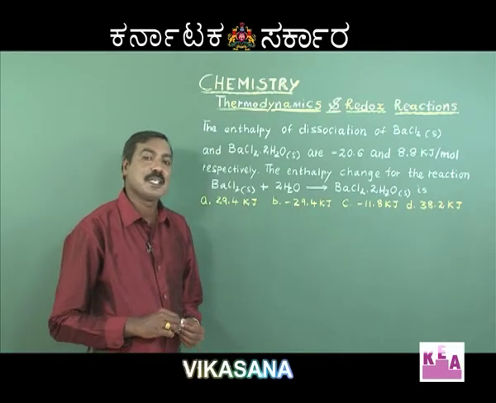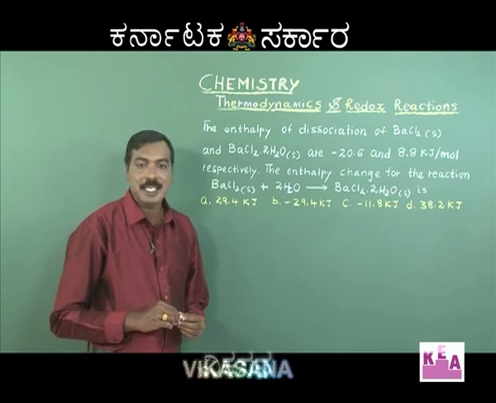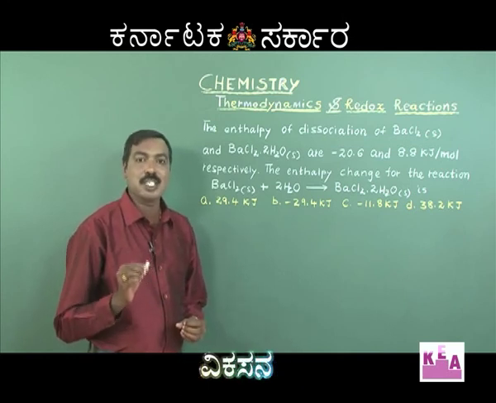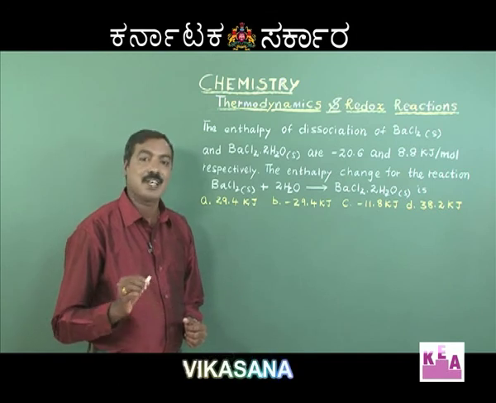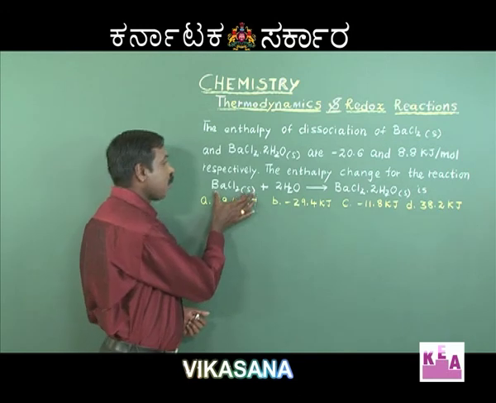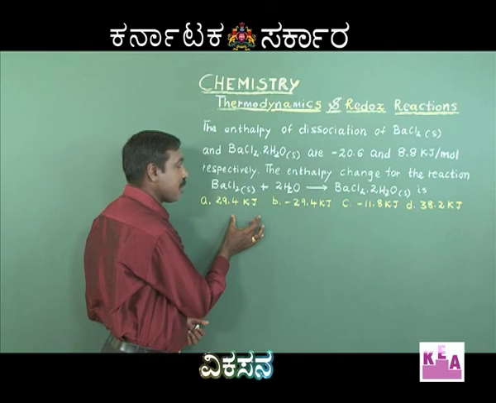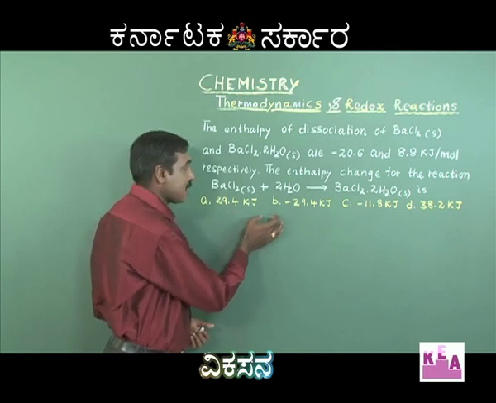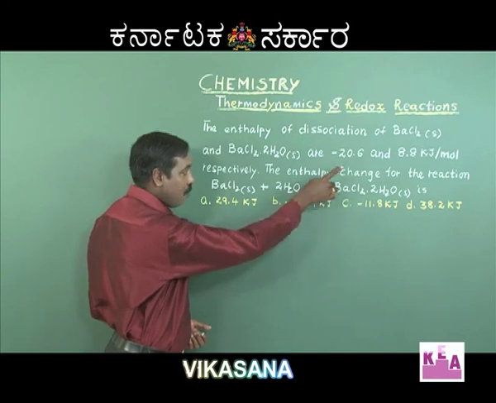As I mentioned, enthalpy change when bond dissociation energies are given is the summation of the bond dissociation energy of the reactants minus that of the products. Here it has been given that for barium chloride the dissociation energy is minus 20.6, minus that of the products. For products it is given as 8.8.